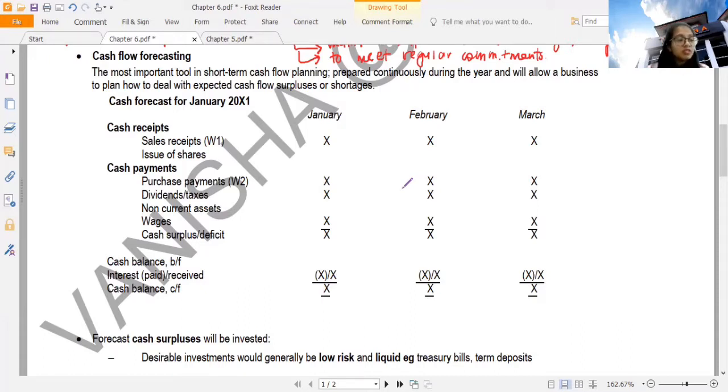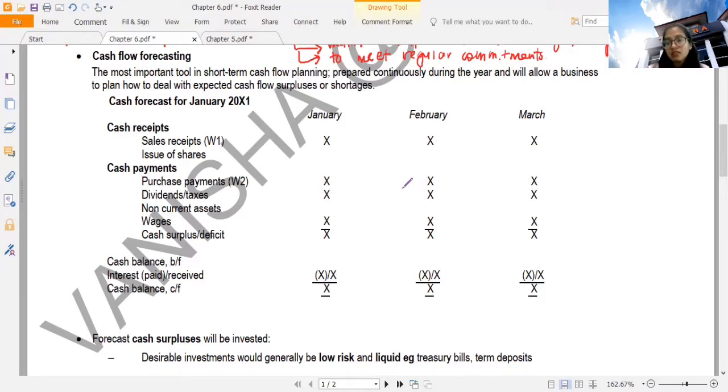You would also prefer to invest your cash surplus, because any cash surplus sitting in your company account without earning any return is actually redundant. It's not serving any purpose.